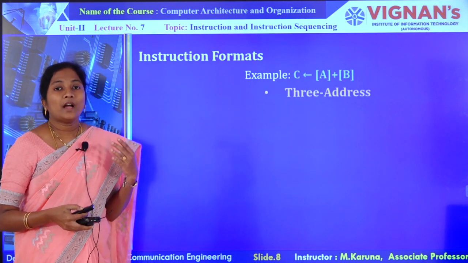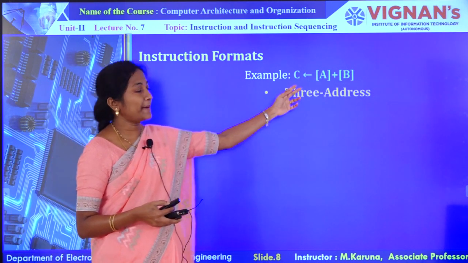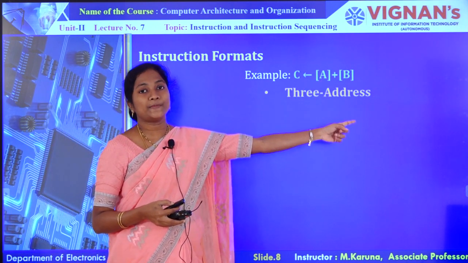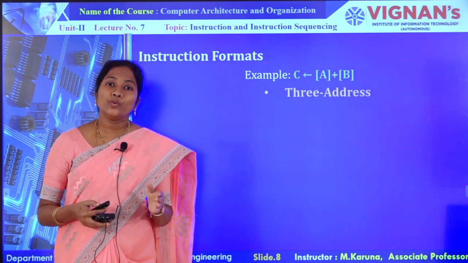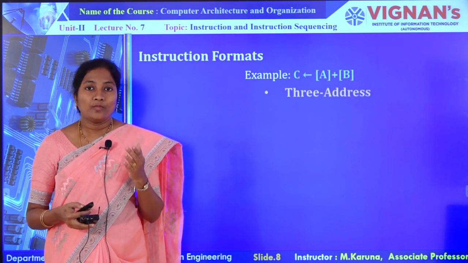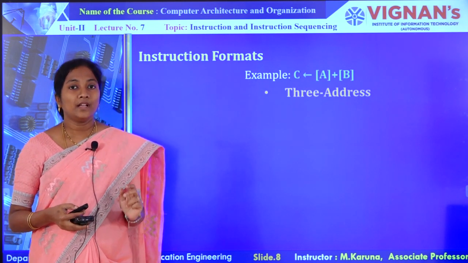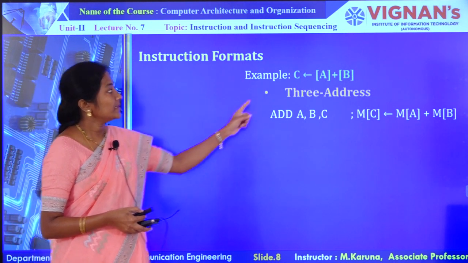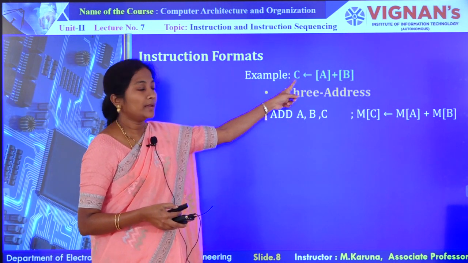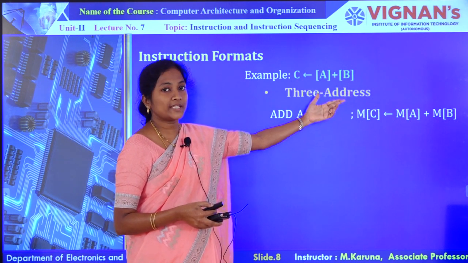Let us see how to evaluate the given example C equal to A plus B with the help of 3 address instructions, 2 address instructions, 1 address instruction and 0 address instructions. Let us see one by one. 3 address instruction. C is the memory location, A and B are the another 2 memory locations.